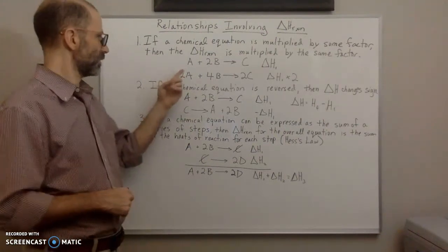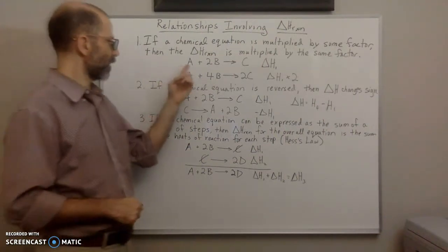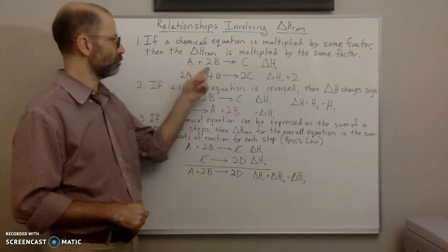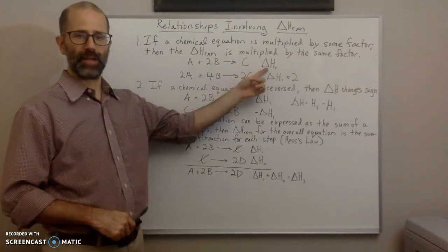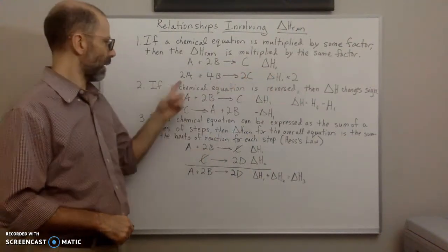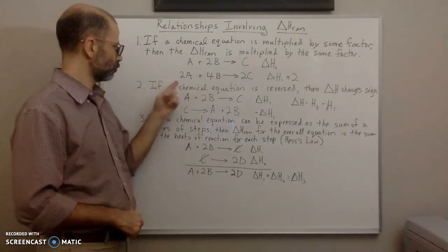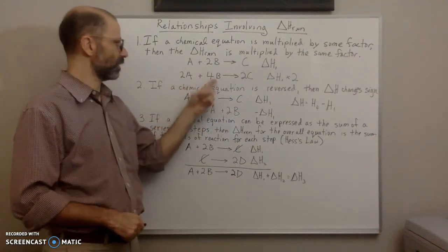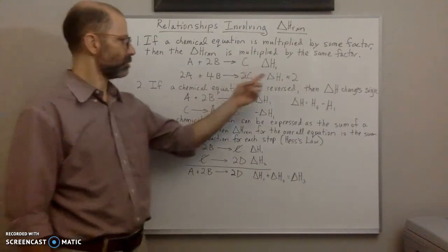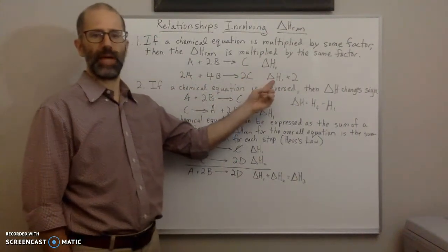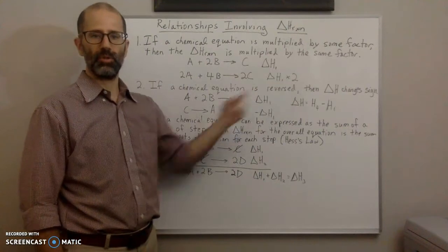You can see this in this example here. If I have an equation, A plus 2B gives me the product C, that has a delta H of the reaction, delta H1. If I multiply this equation by 2, I get 2A plus 4B gives me 2C. So if I multiply the equation, then I must multiply whatever the delta H of the reaction is by that same factor, which is going to be 2.